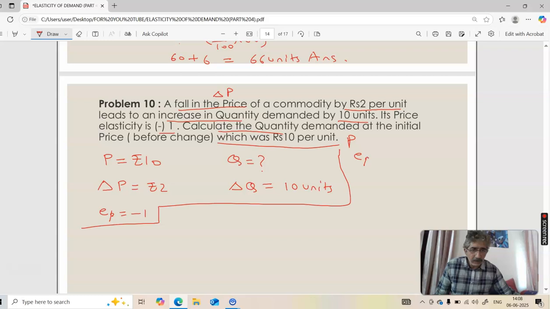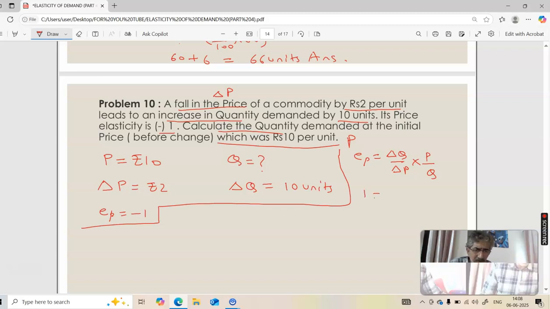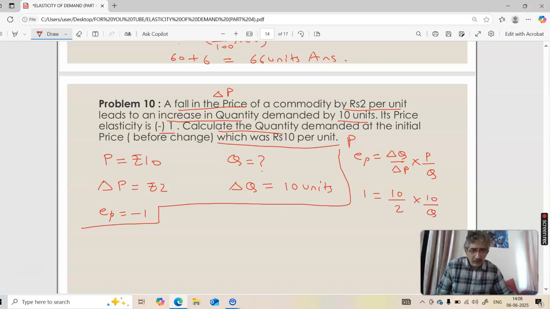EP is equal to delta Q upon delta P into P upon Q is the formula. EP, now put the values. 1, I told you not to write minus, we ignore, and delta Q is 10 upon delta P is 2 into original price is 10 and upon Q. Okay, you do the cross multiplication, easily you will be able to find out Q upon 2.